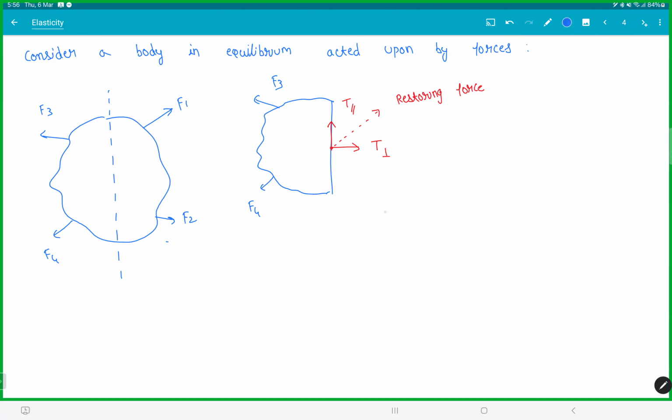So we define something called longitudinal stress. Even in types of stress, there are different types of stress materials undergo. This would be the force perpendicular to the cross-sectional area.